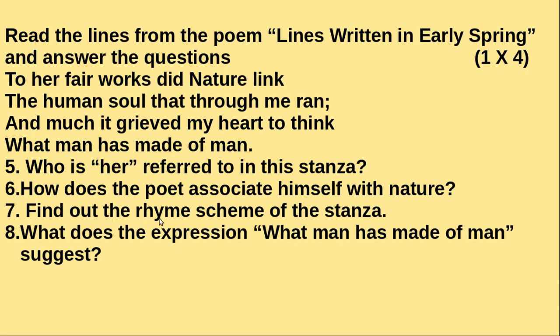Next one is, find out the rhyme scheme of the stanza. You know, A B. What does the expression 'what man has made of man' suggest? Man disrupted the harmony of nature. Now you have to think again about the variety of questions. First one is about the pronoun or the speaker, such questions will be there.